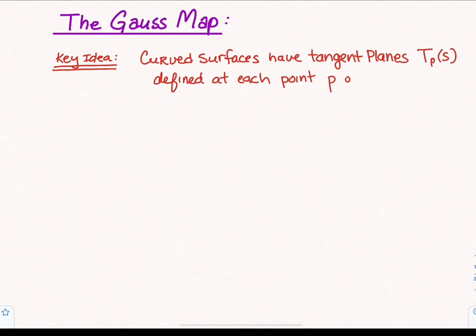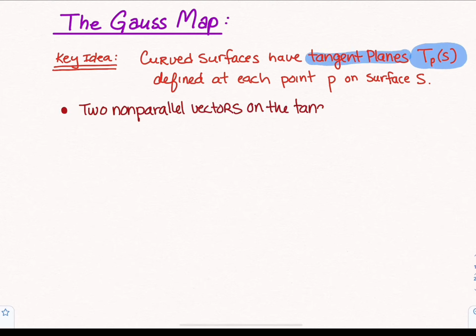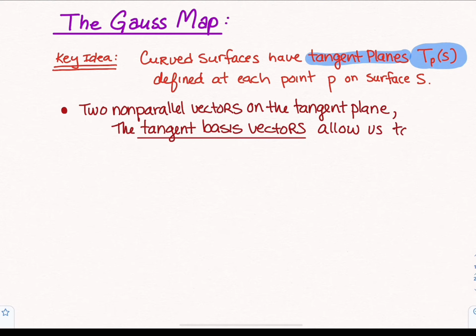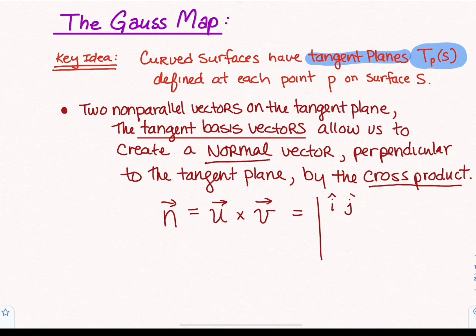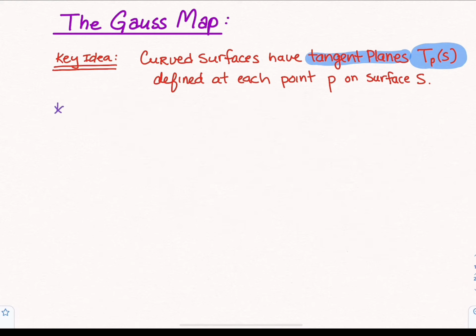Curved surfaces will have a tangent plane, just like a tangent line, defined at each point on its surface. That tangent plane is defined by 2 non-parallel vectors, 2 tangent basis vectors, that also allow us to create normal vectors, the up direction from the cross product. And that's a determinant type of thing.